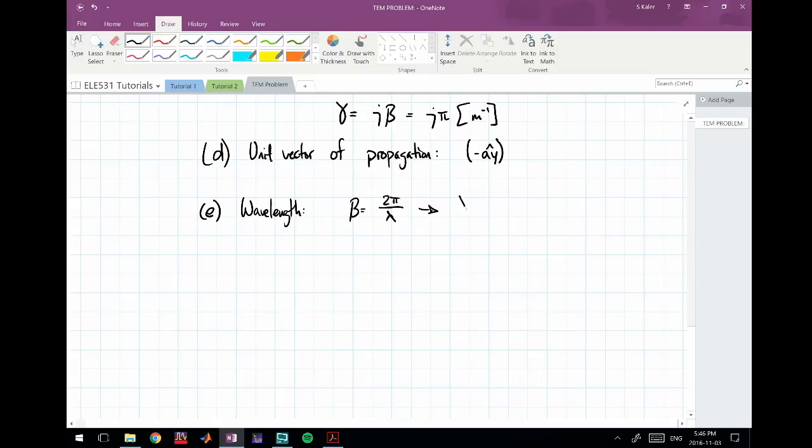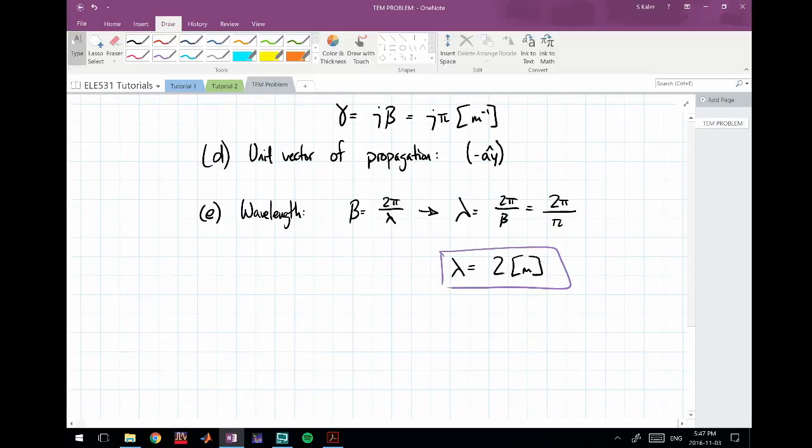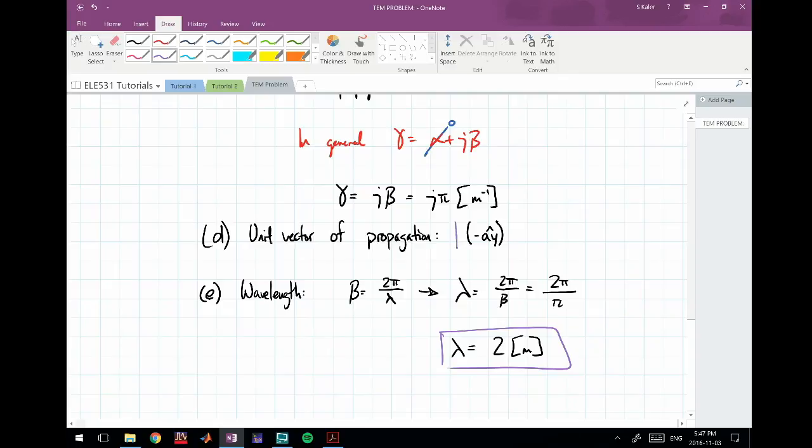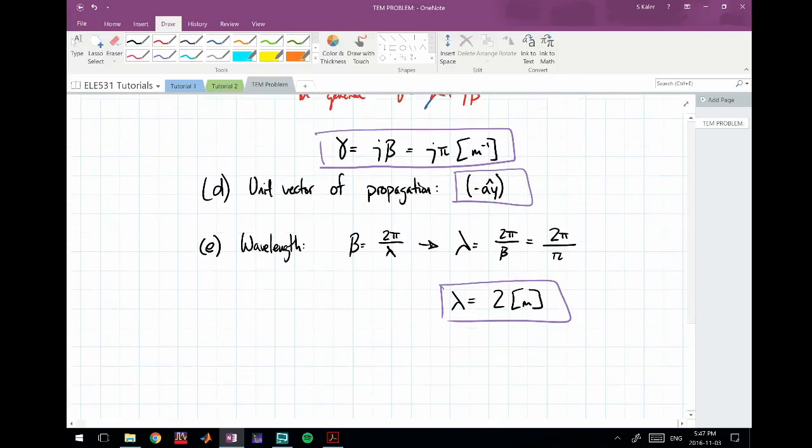So lambda equals 2 pi divided by beta, this is going to be 2 pi divided by pi. So we're left with lambda equals 2 meters. I should probably give this one a box as well, just to be consistent. Okay, so these are all of our answers in purple.